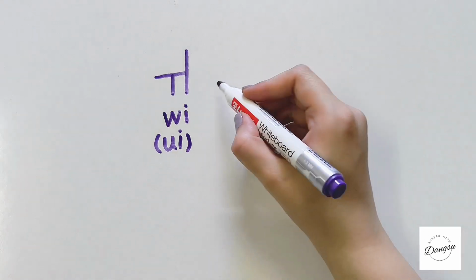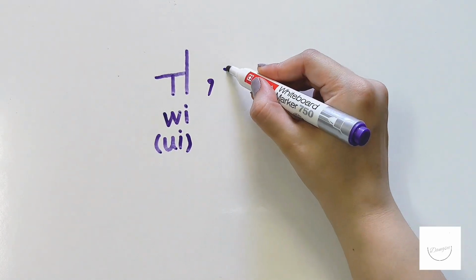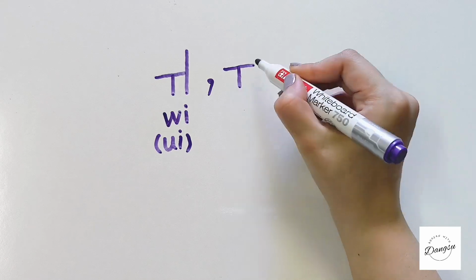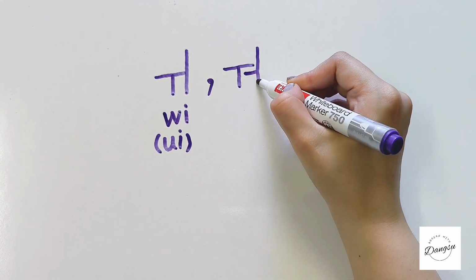And our next vowel is wo. It's a combination of oo and o.